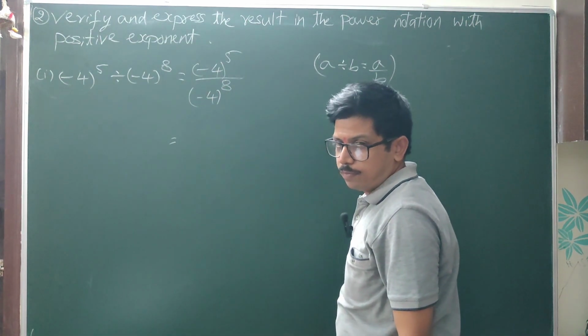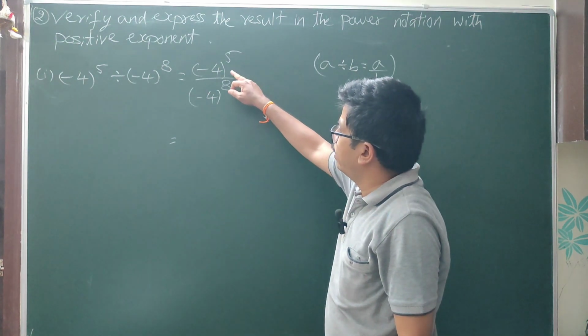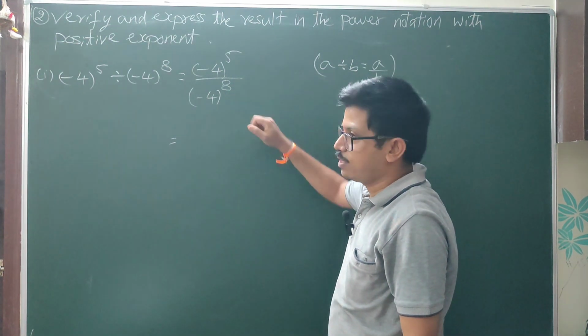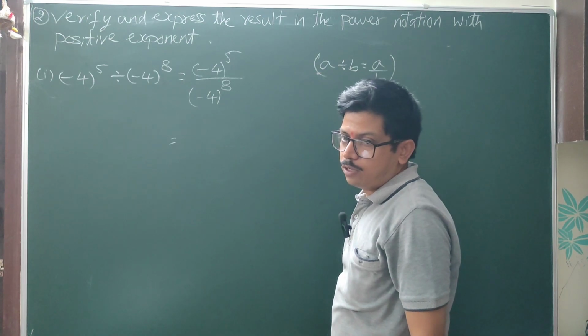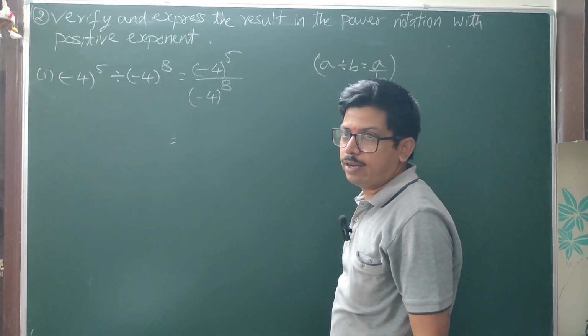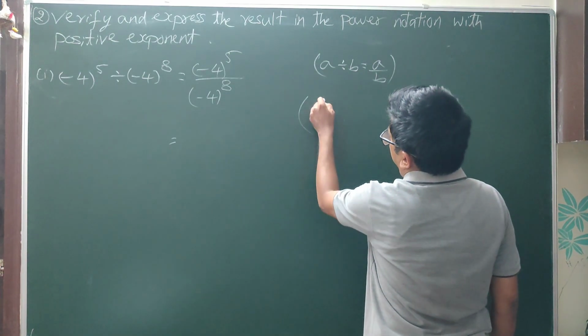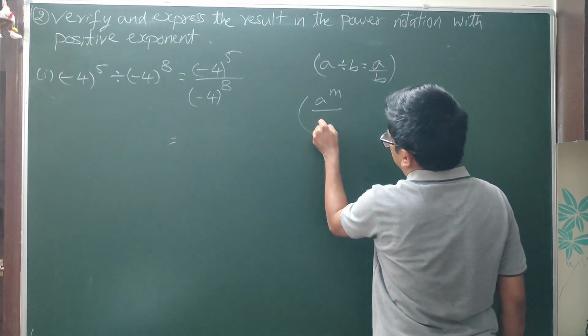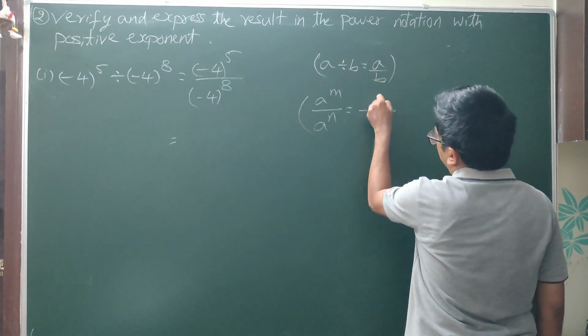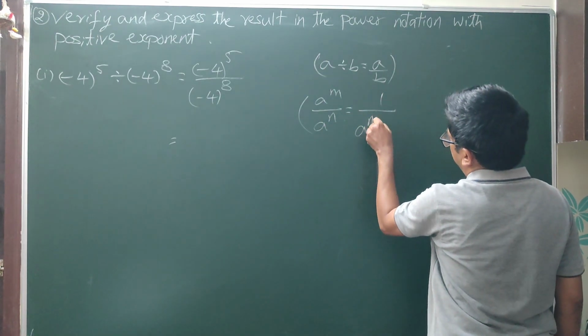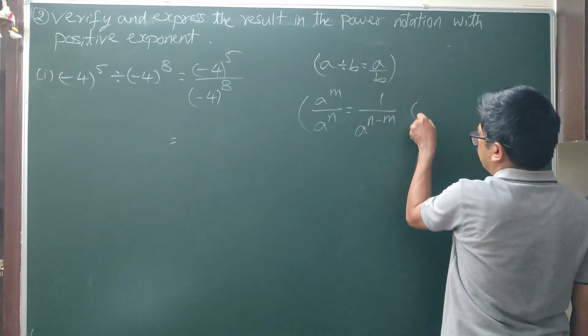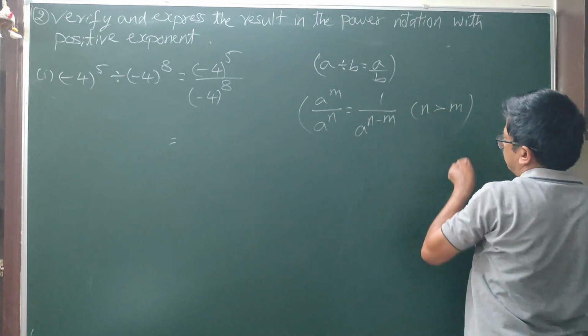Now let us see. Numerator's power is 5, denominator's power is 8. So denominator's power is greater than numerator's power. The formula is a power m by a power n equal to 1 by a power n minus m when n is greater than m.